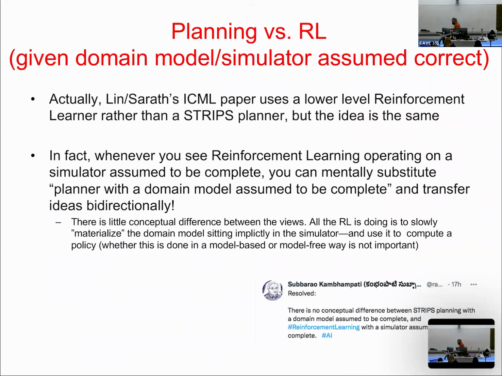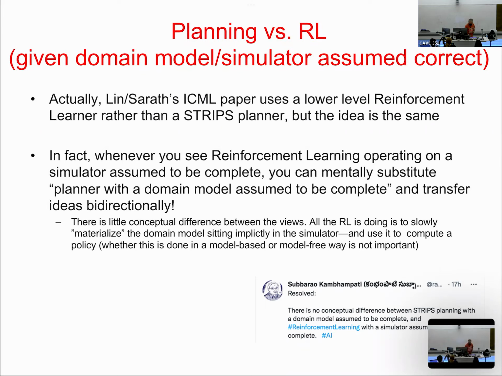I'm sort of lying a little bit. He didn't actually say that we had a planner, because ICML won't publish planning papers. What part of L in ICML don't you understand? L has to be learning. You want learning? I'm doing planning with a black box simulator, RL. I call it RL. You see what I'm saying?